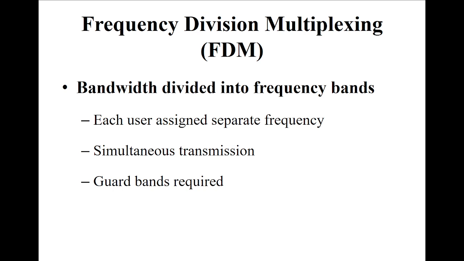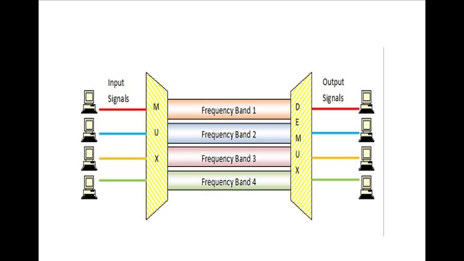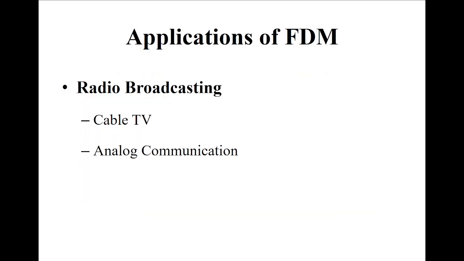Important points: guard bands are required to avoid overlapping, it is mostly used in analog systems, and it is simple to implement. For example, radio stations operate on different frequencies: 98.3, 102.6 megahertz.